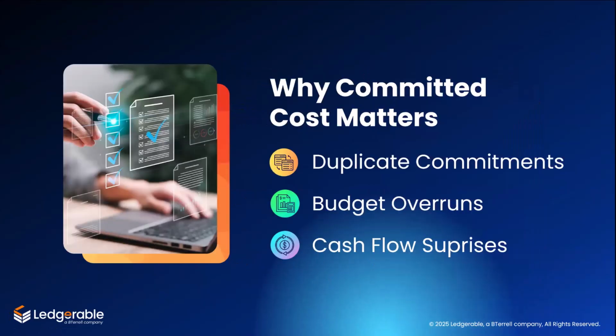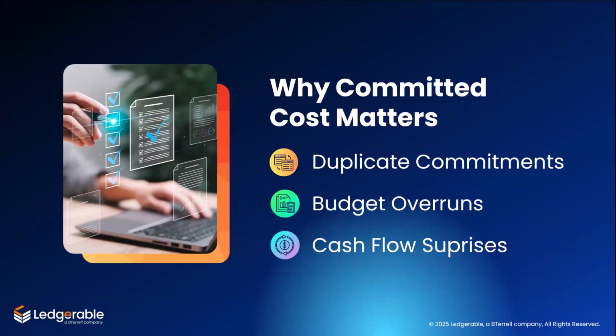And here is what happens when committed costs aren't tracked properly. You will have two project managers issue separate POs for the same subcontractors, leading to duplicated commitments. The finance team will think that a project has $50,000 left in budget, but $40,000 of that is already tied up in unbilled commitments.